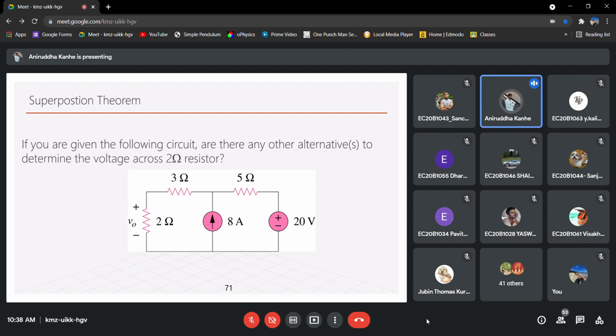The superposition theorem we will start from the next class, because it will take time to start with. Meanwhile, you can practice all the loop equation questions from the book. In tomorrow's lecture, we'll start with the superposition theorem, and you have to go through the basics of linearity and superposition.